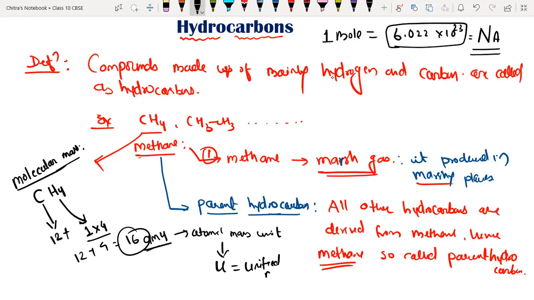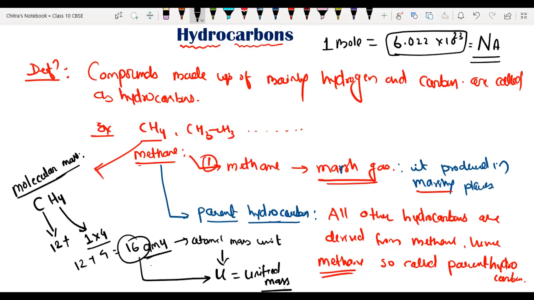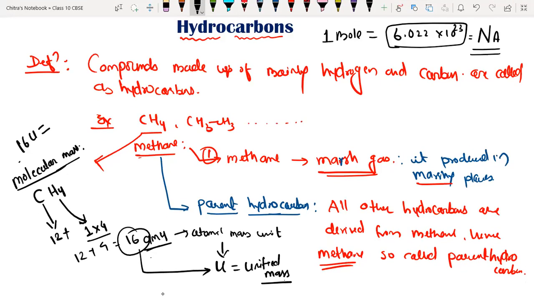Understood, everyone? So what is the molecular mass? 16 U or 16 AMU. You can use both, but now it is recognized by IUPAC that you can use U also. So 16 U is nothing but 16 unified mass of methane.